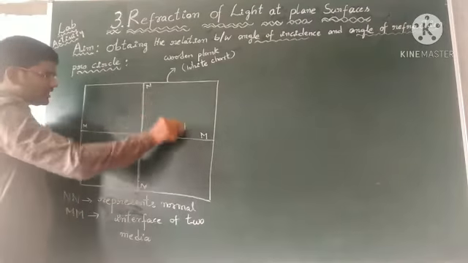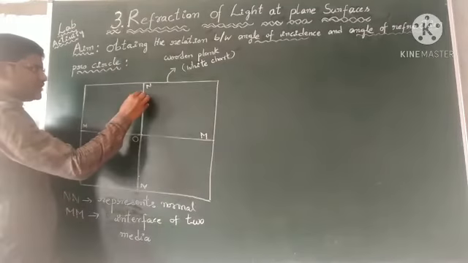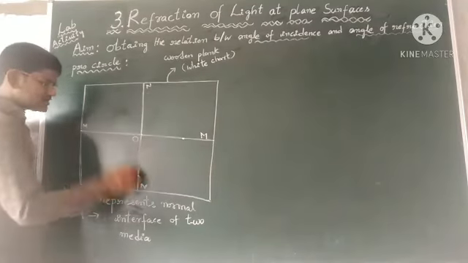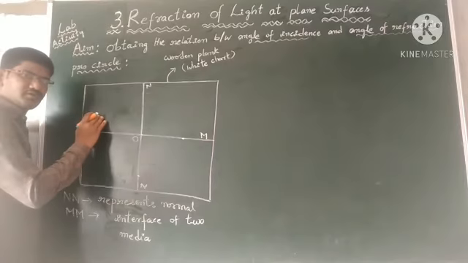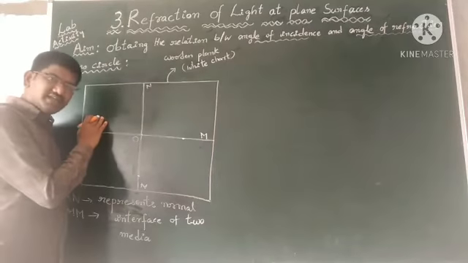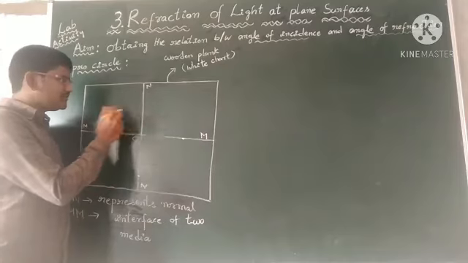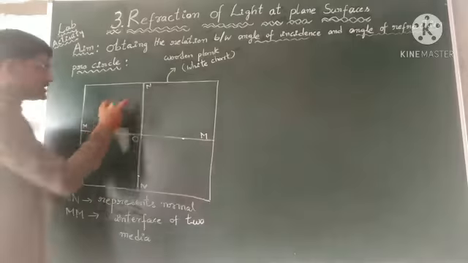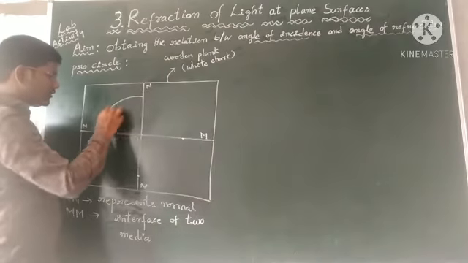So keep the protractor this side and mark the angles from 0 degrees to 90 degrees and again 90 degrees to 0 degrees. And repeat the same on the other side of the line NN also, marking the angles from 0 to 90 degrees and 90 to 0 degrees.